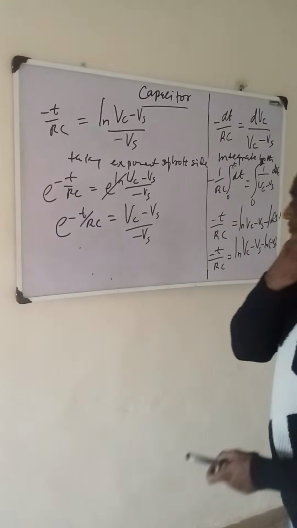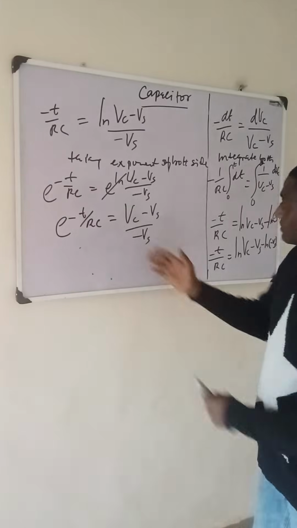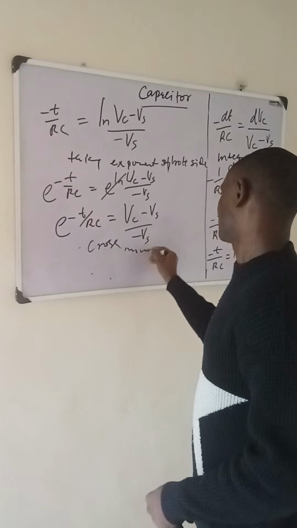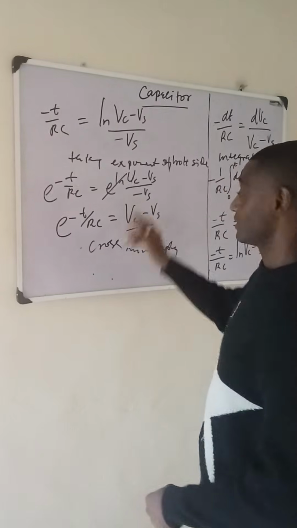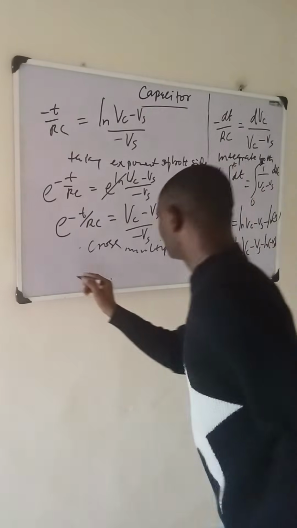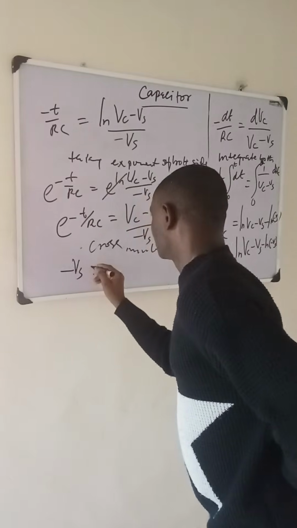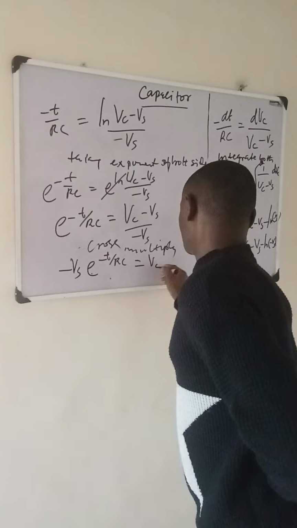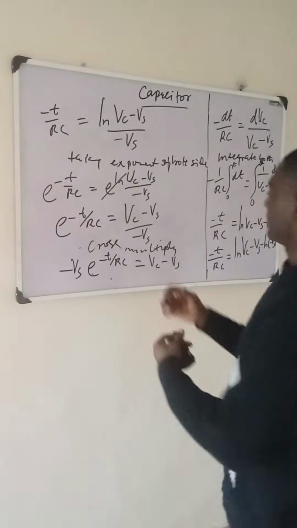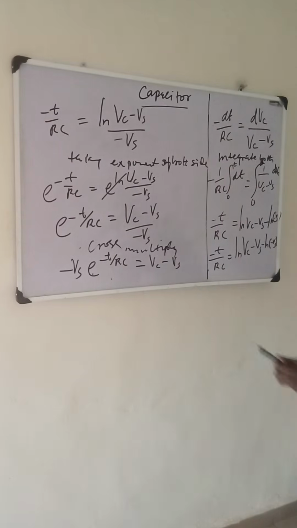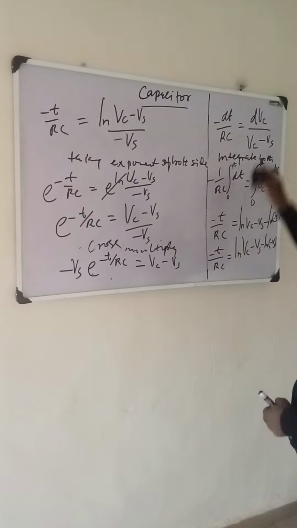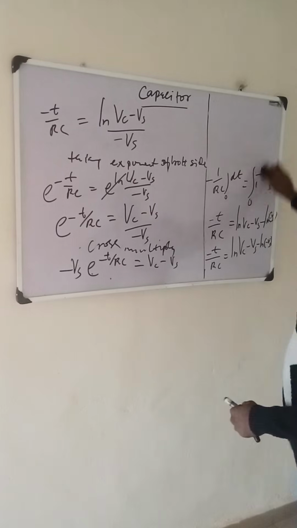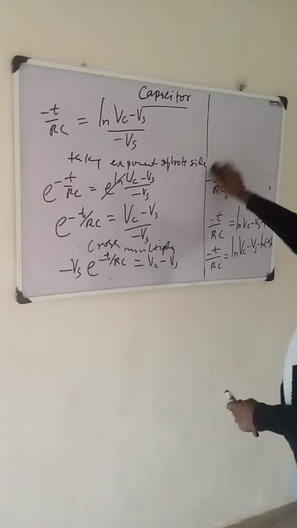So what do we do? From here, we cross multiply. The essence is to make Vc the subject. We'll have negative Vs e to the negative t all over Rc equal to Vc minus Vs. So what do we do? You add Vs to both sides, and the Vs on this side will collapse.